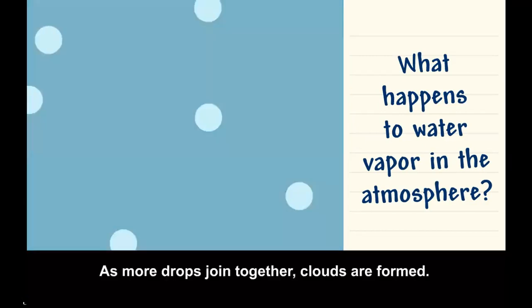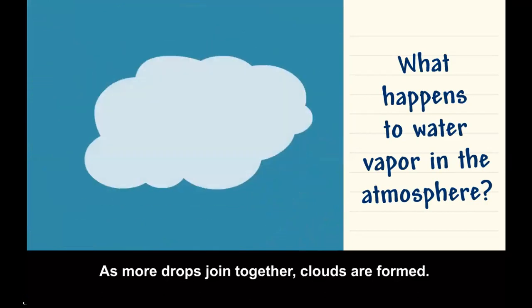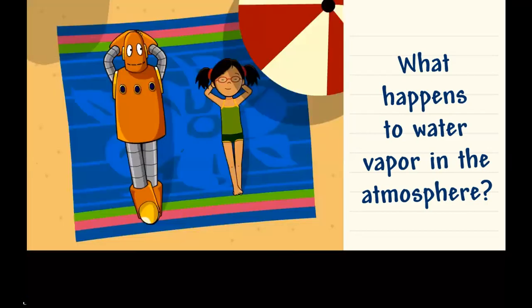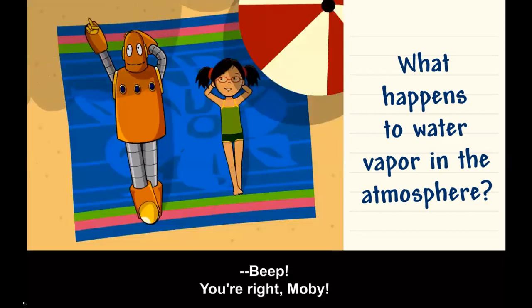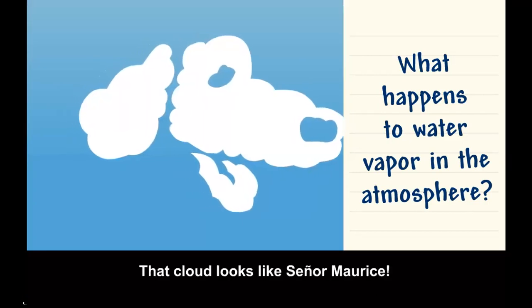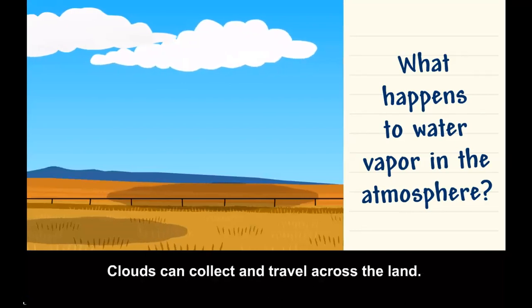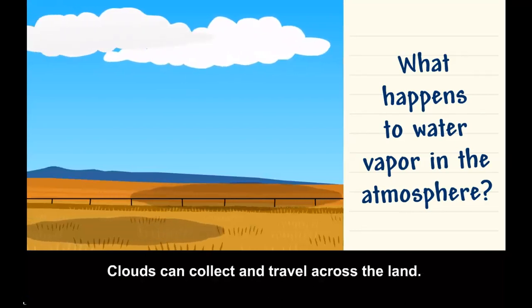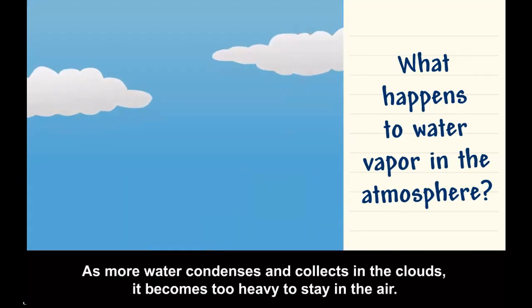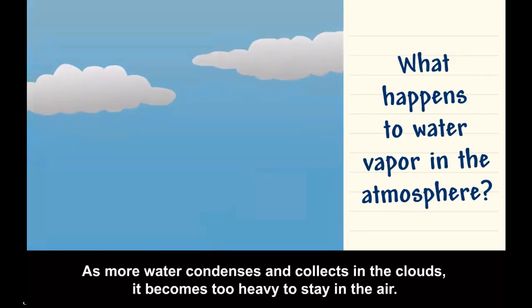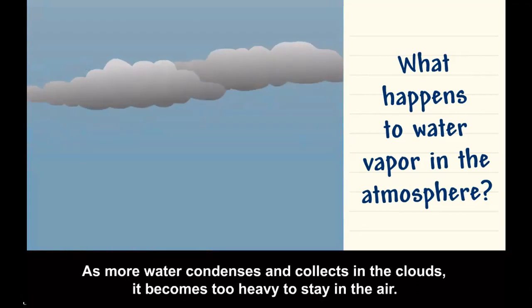As more drops join together, clouds are formed. You're right, Moby. That cloud looks like Senor Maurice. Clouds can collect and travel across the land. As more water condenses and collects in the clouds, it becomes too heavy to stay in the air.